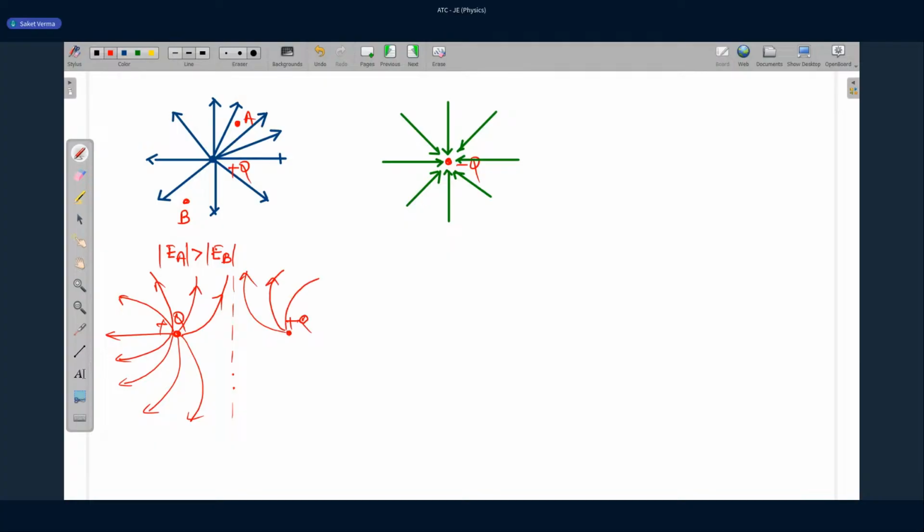Suppose both have the same magnitude, so the field lines are the same, but they are never intersecting. If you want to find the direction of the electric field, you can draw the tangent at any particular point, say P, and the direction of the electric field will be this.